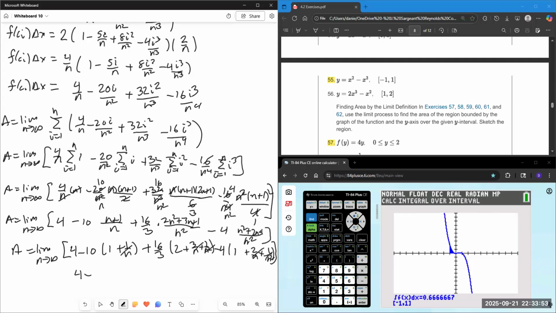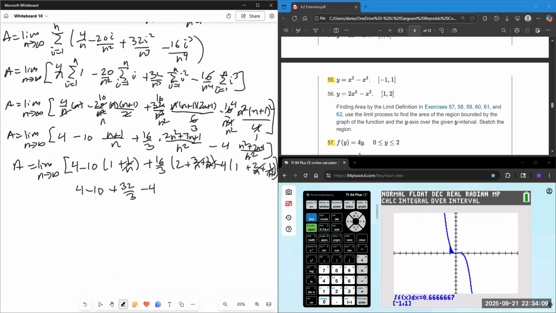So this is 4 minus 10 plus 32 over 3 minus 4. A is 4 minus 4 is 0. 32 over 3 minus 10 is 30 over 3, is 2 over 3, which is my exact answer for what my area is.